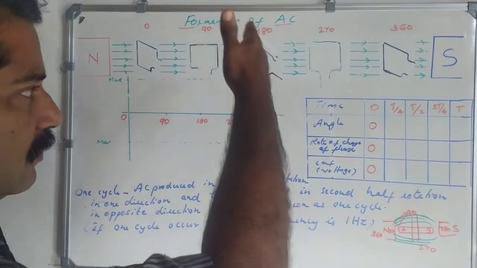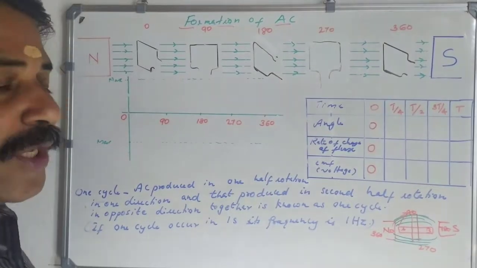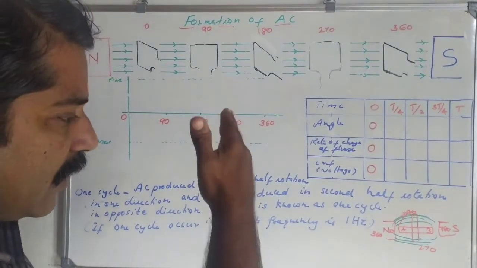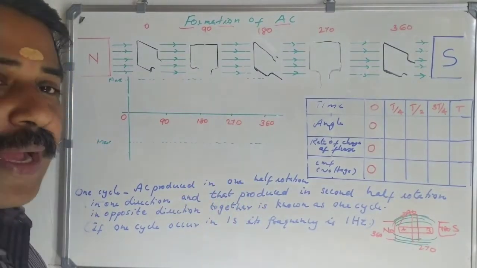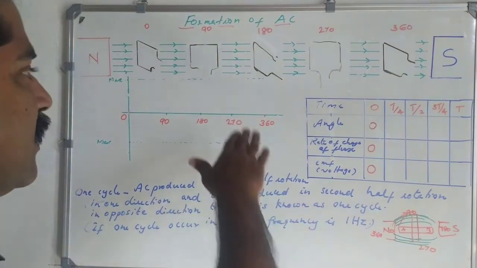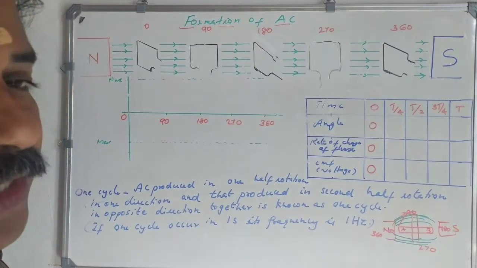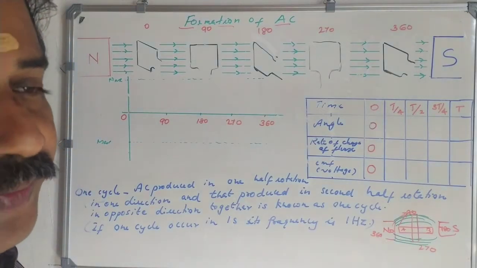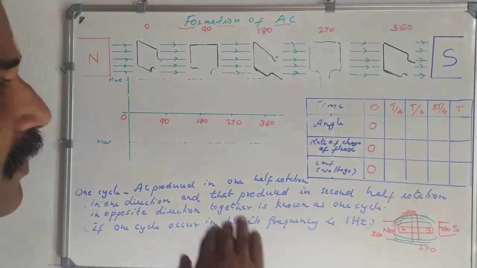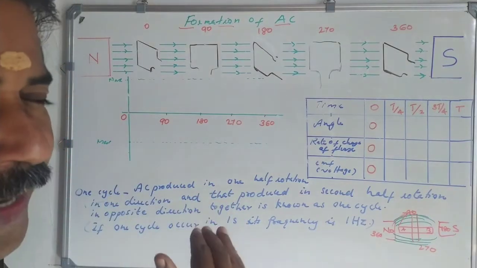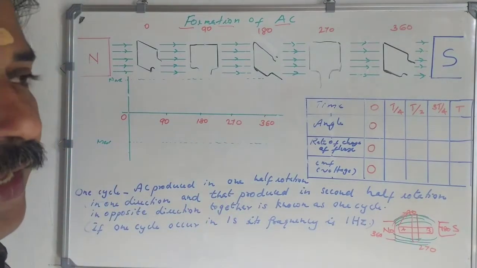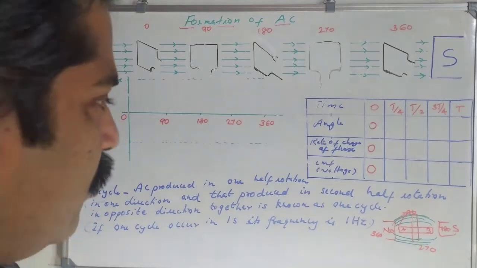By the time it reaches 90, the coil becomes completely perpendicular to the magnetic lines. But at the same time the armature plane will be parallel to the magnetic lines. At that time the coil can break the maximum number of flux lines and maximum EMF will be induced in it.